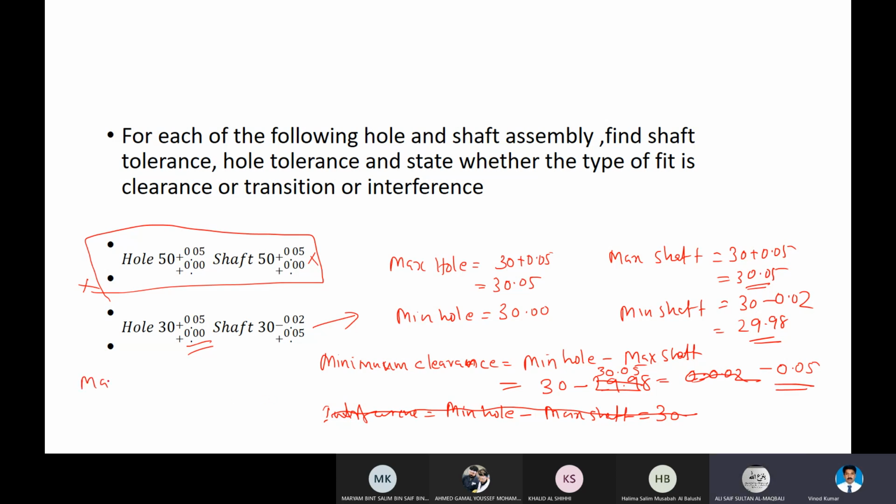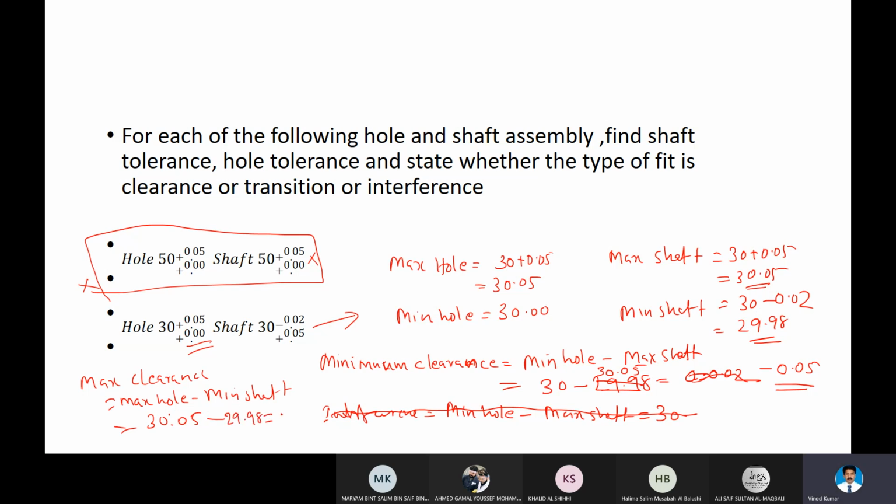Maximum clearance equals maximum hole minus minimum shaft. What is the maximum hole here? 30.05 minus the minimum shaft, 29.98.